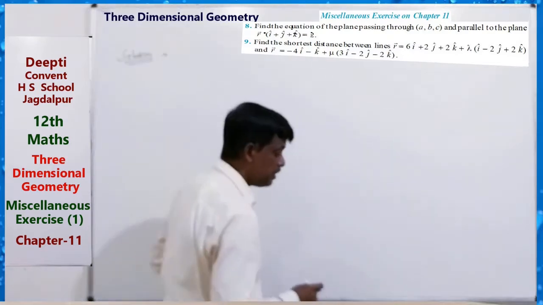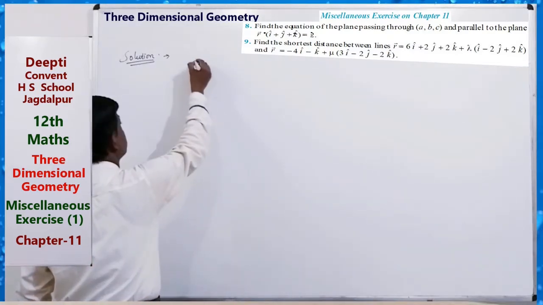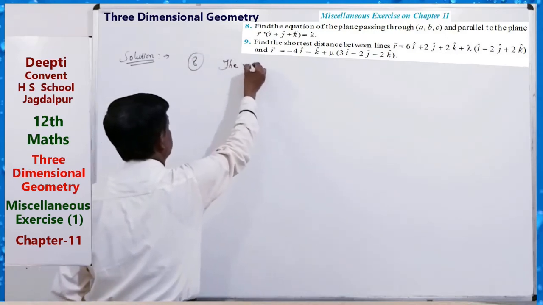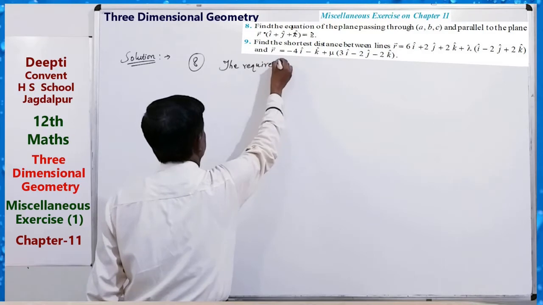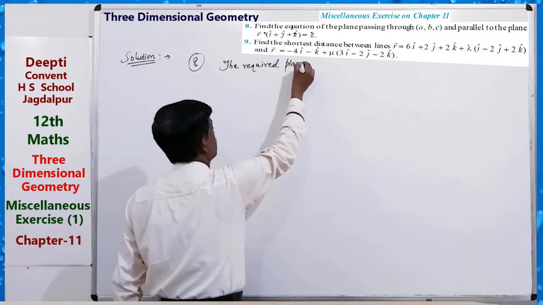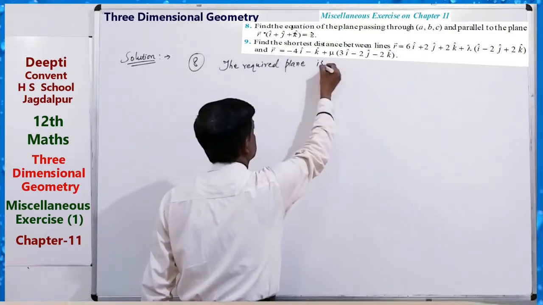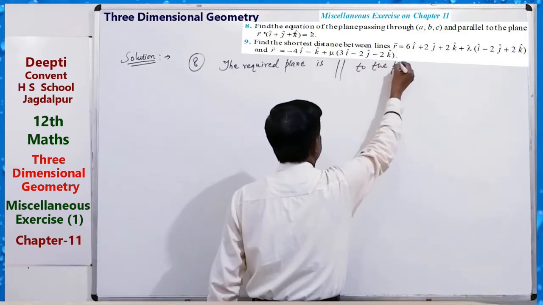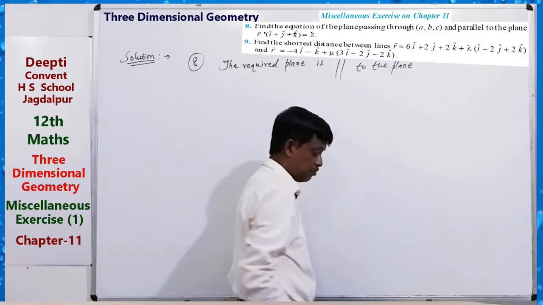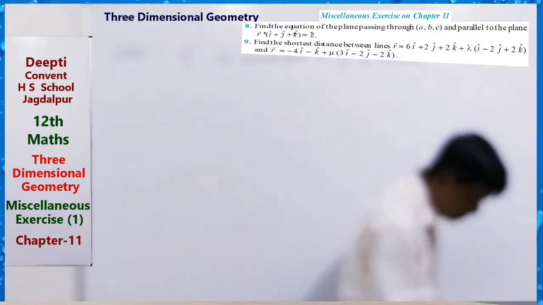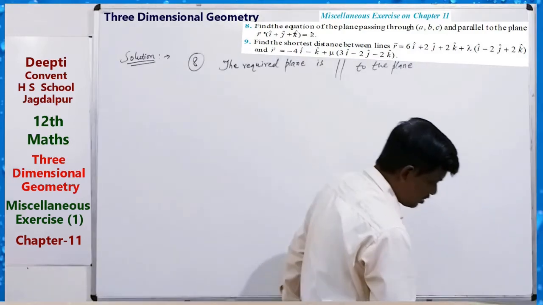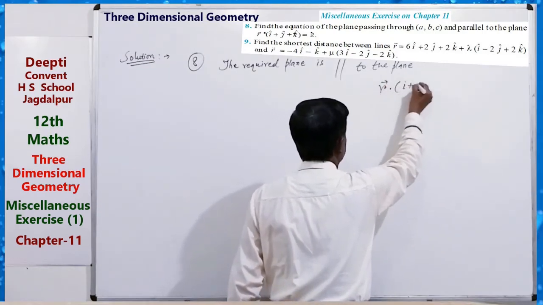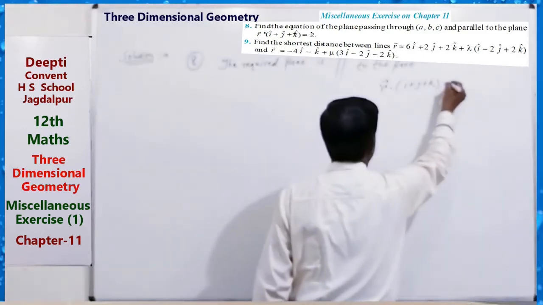So here the given plane is, question 8, the required plane is parallel to the plane r dot i plus j plus k equals 2.